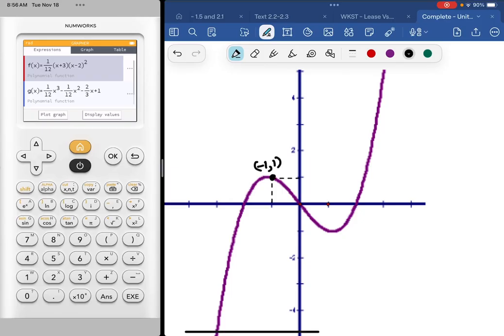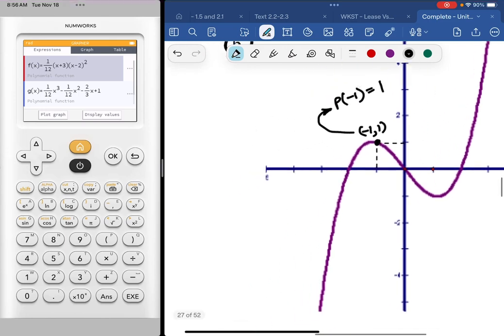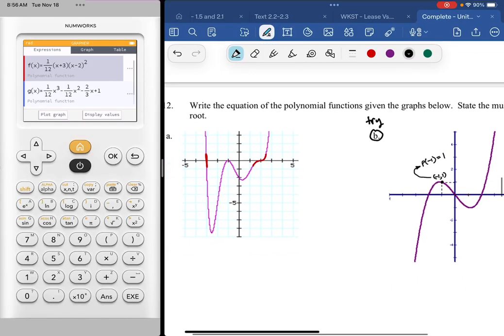And so what that would mean notation wise is that p of negative 1 is equal to 1. So you should be able to use that to figure out what the value of k is. But I'll let you try that first because I don't want to deprive you of the experience.